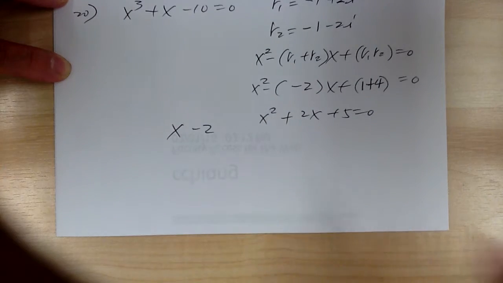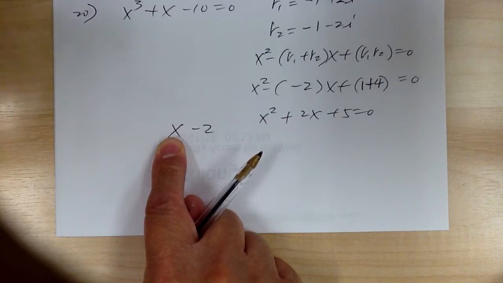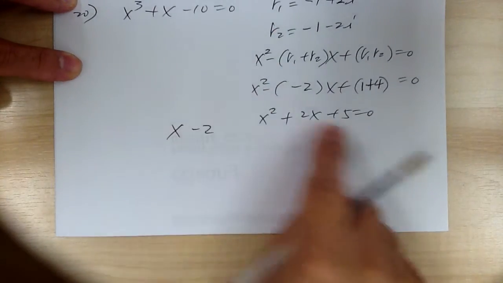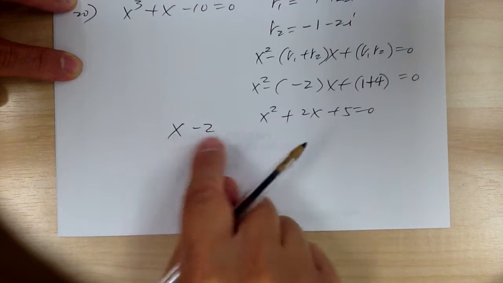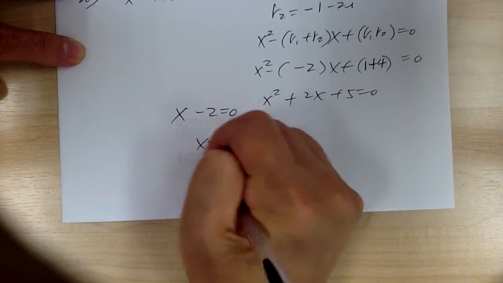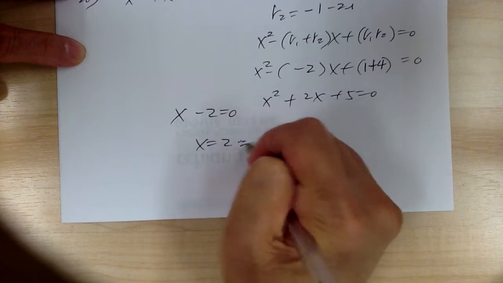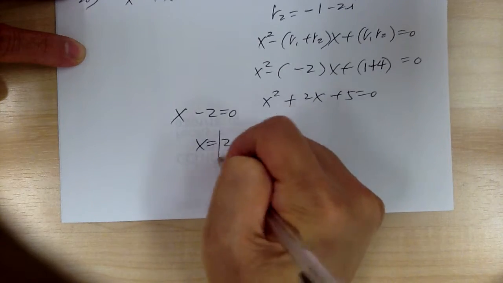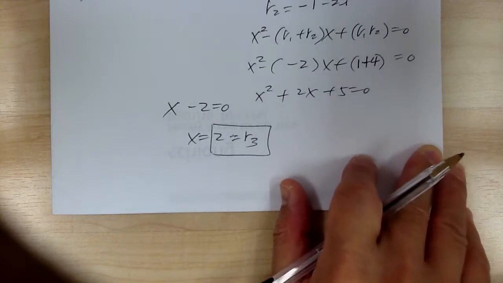Make sense? x cubed divided by x squared gives you x, and because you divide exactly, negative 10 divided by 5 gives you negative 2. So from here you can see x equals 2, and that's your R3. This is the quick way of doing it.